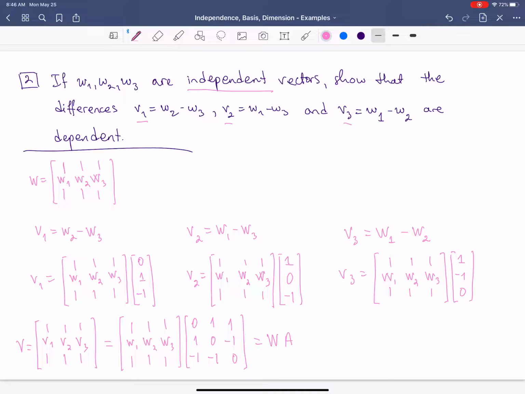Well, the rows of the matrix A add up to 0. So I know that elimination will produce a row of zeros. This matrix is sort of similar to the previous example. So I know that the matrix A is not invertible, right?